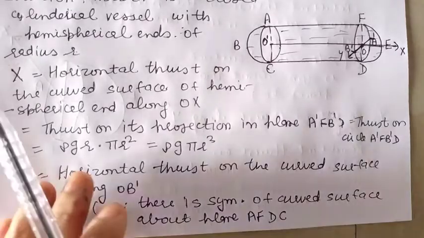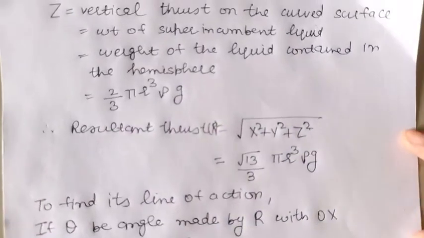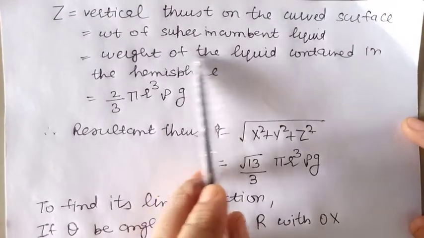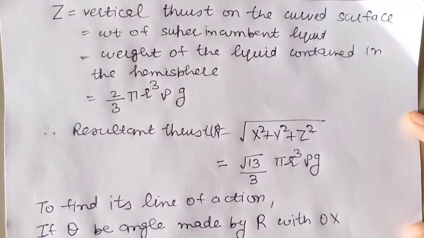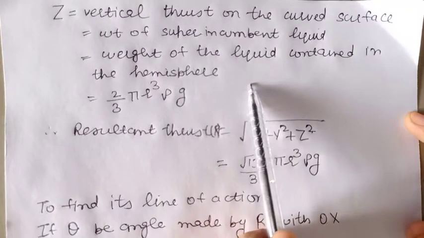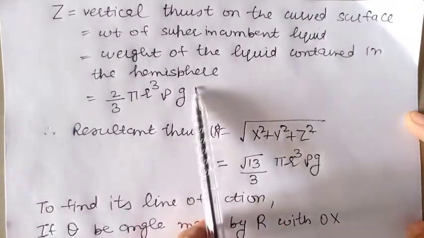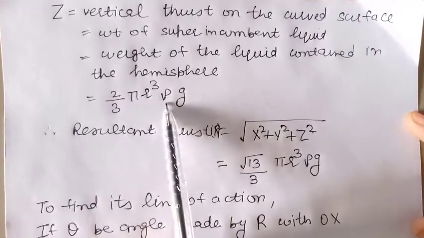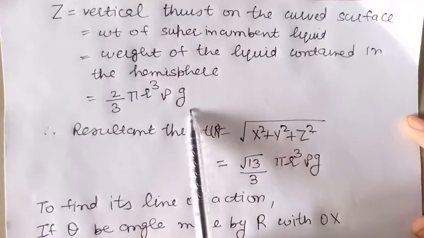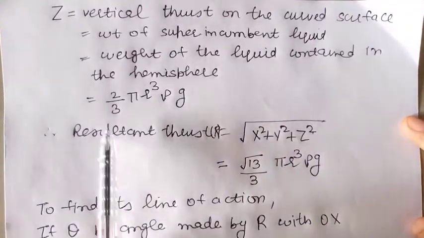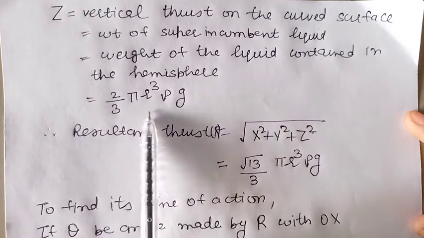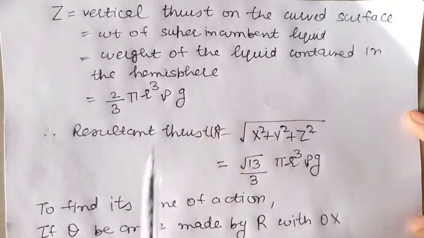The vertical thrust on the curved surface, which we have denoted by Z, is the weight of the superincumbent liquid, meaning the weight of the liquid contained in the hemisphere. So that will be given by volume of the hemisphere into density into g. Volume of hemisphere is 2 by 3 pi r cube, density is rho. So the weight of superincumbent liquid becomes 2 by 3 pi r cube rho g.